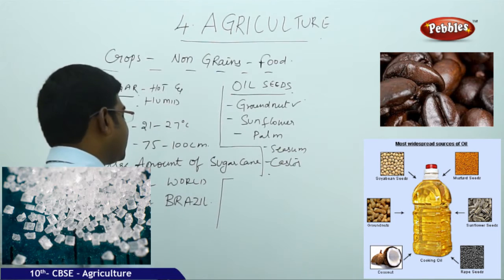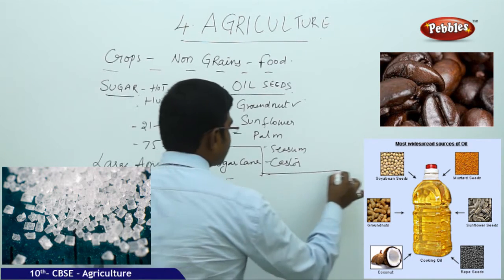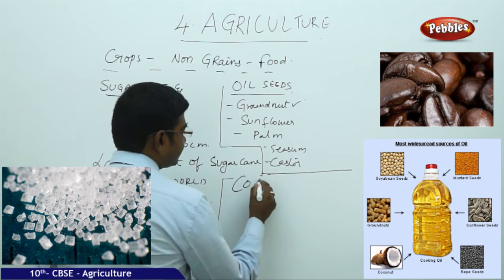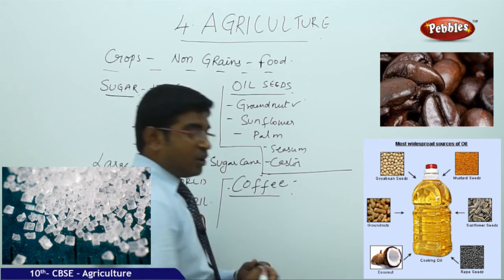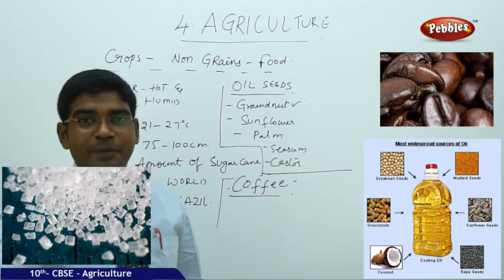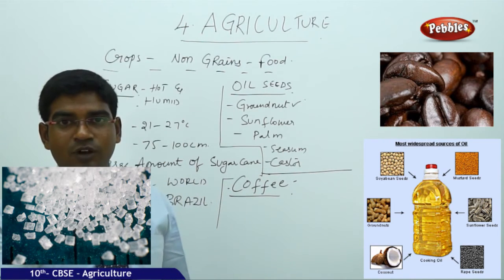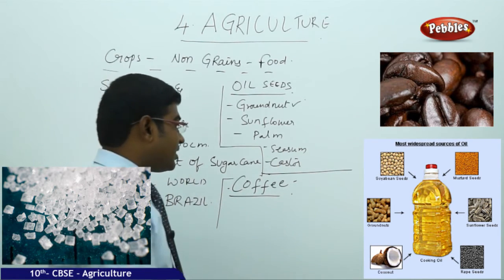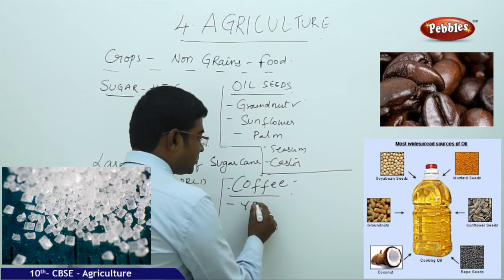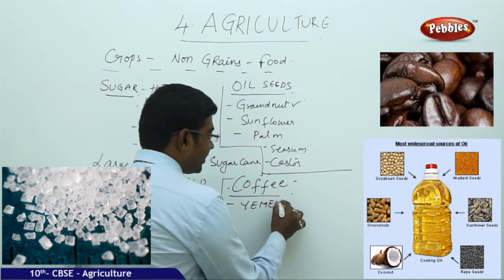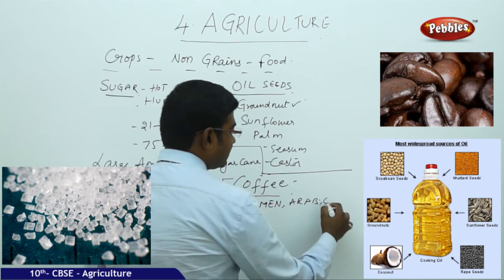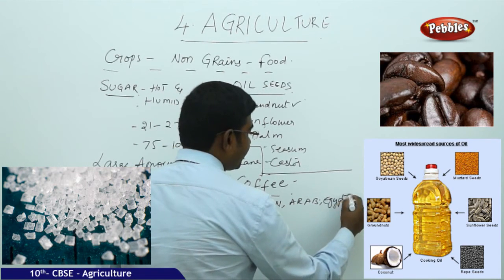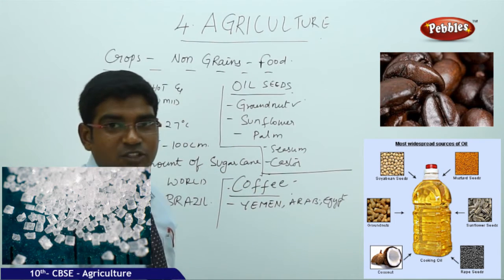After the oil seeds, the next major production is coffee. Coffee production is a typical production in the entire world. There is a special significance for the coffee seeds produced in Yemen, the Arab states. Even Egyptian coffee has a special taste.